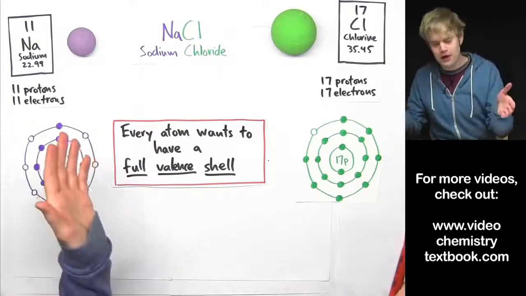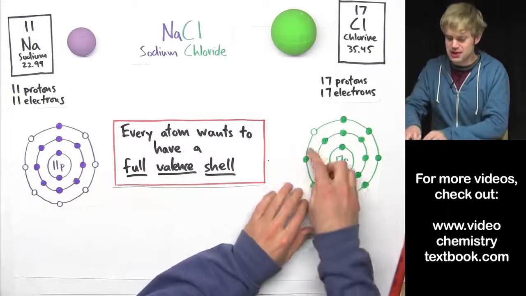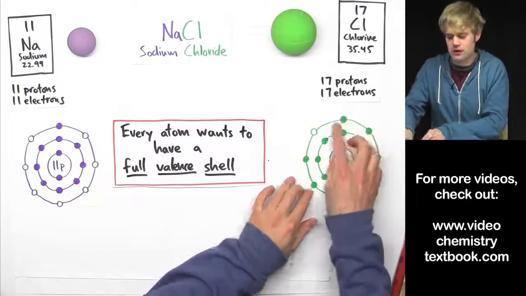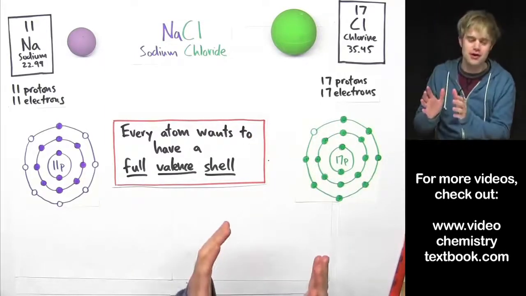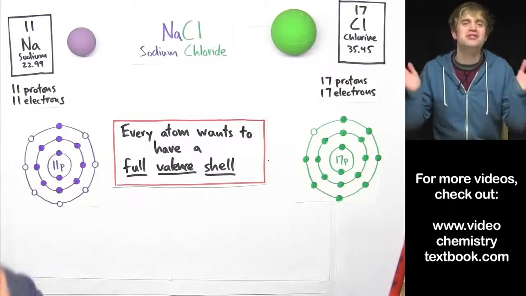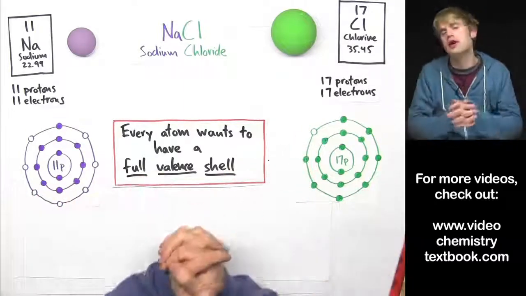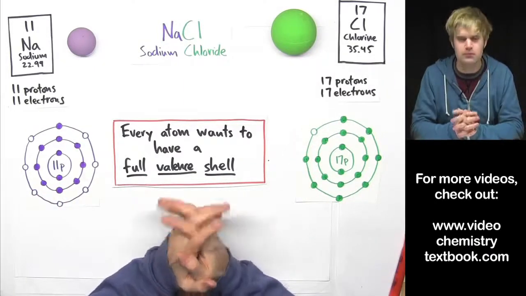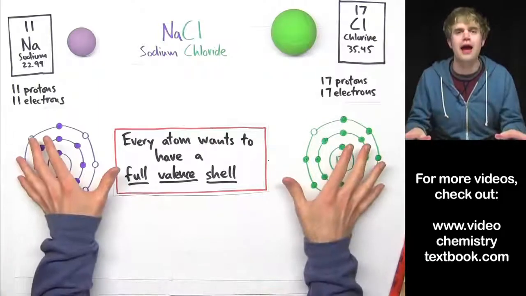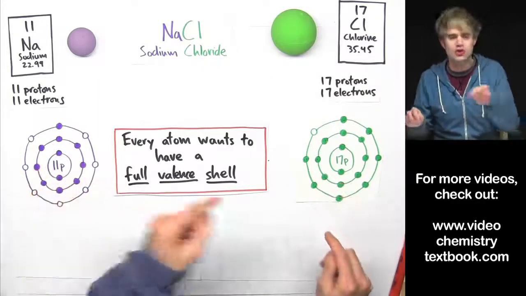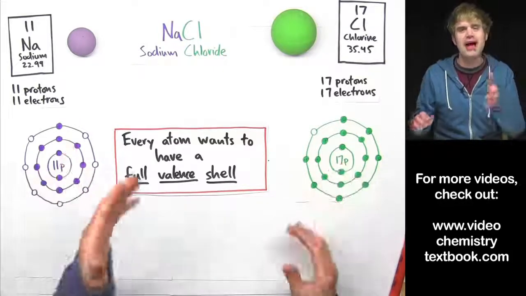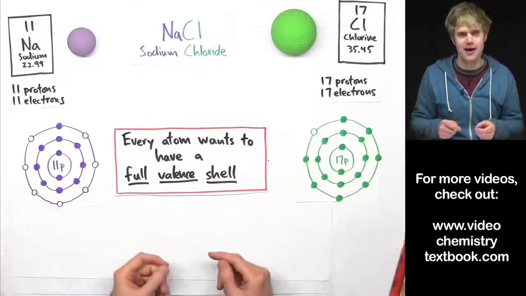Chlorine, on the other hand, is also upset because it's got a mostly full valence shell, but it's got one empty spot. It's so close, but it's still super unhappy because the valence shell isn't full. So sodium and chlorine are both unhappy. They both want to fix their situation. And in trying to fix it, that is how they're going to end up with an ionic bond.